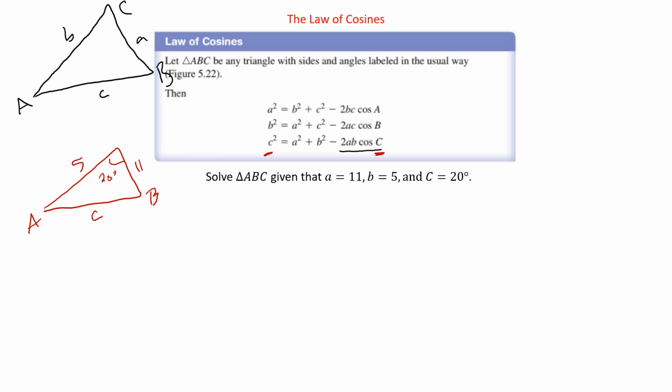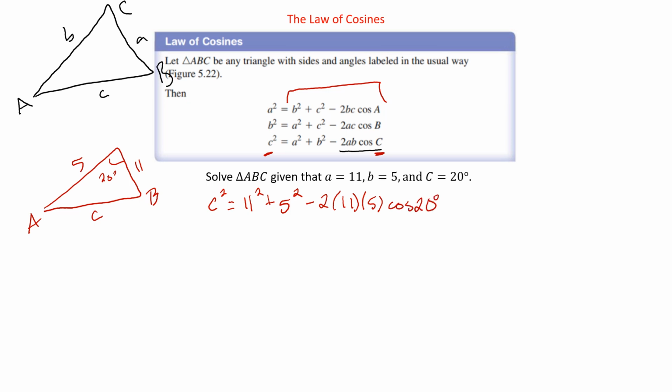So we have a side angle side triangle, so we have basically this entire side of the equation. We just set it up to find the other side. So c squared will equal a squared plus b squared, the other two sides squared, it doesn't matter what order they're in, minus 2ab cosine 20 degrees.